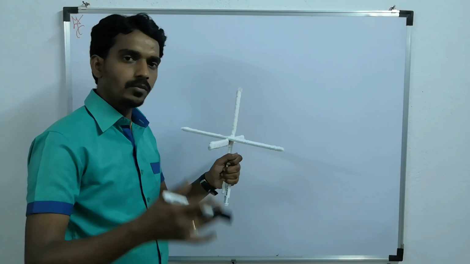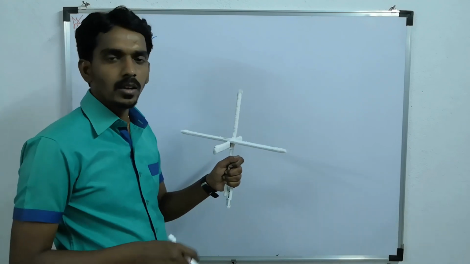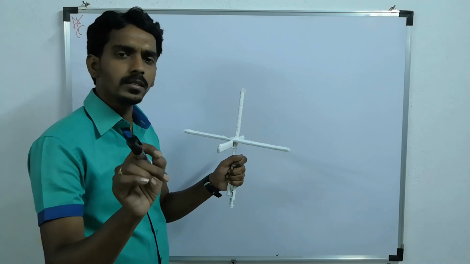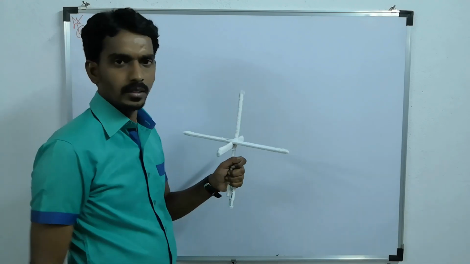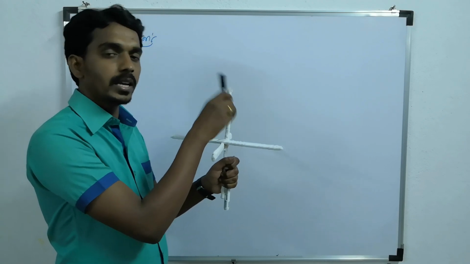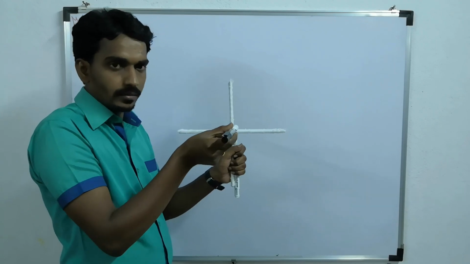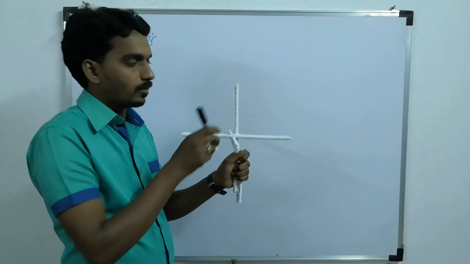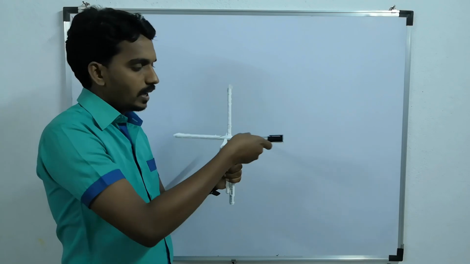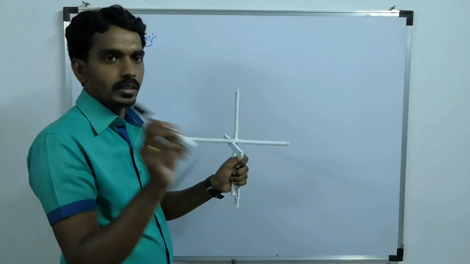So if a 10 Newton force acts along x, you can write 10 i cap. i cap just represents that the direction is along x. Similarly, 10 Newton along y is 10 j cap, and 10 Newton along z is 10 k cap. So y means j, x means i, and z means k.